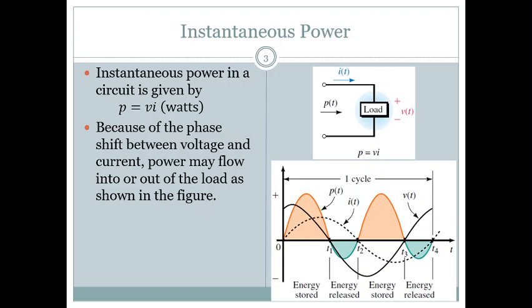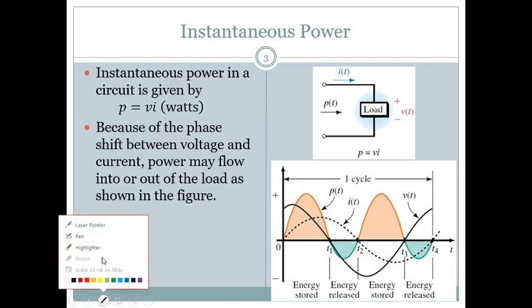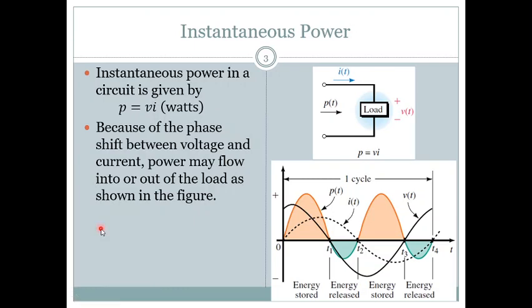Now in the case of DC, we had constant voltage and constant current, so the power was P equals VI.